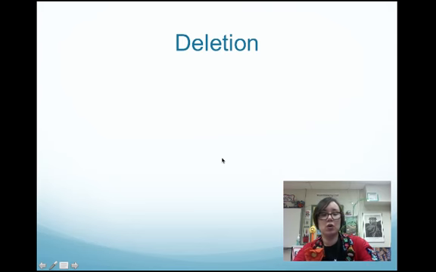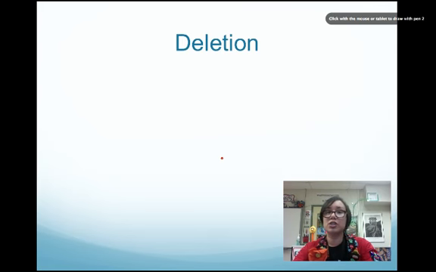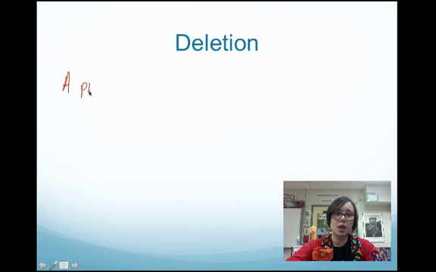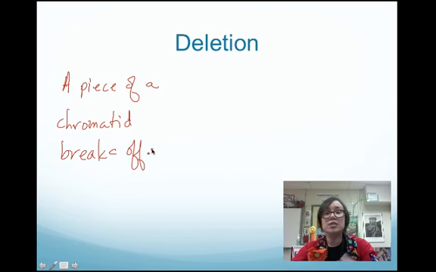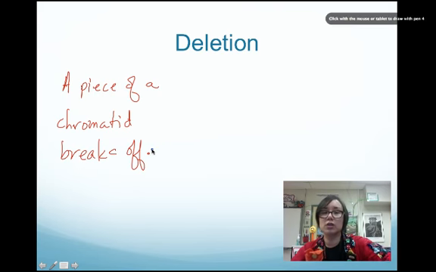Our next chromosomal mutation is called a deletion mutation, and its name pretty much tells you what it does. A piece of a chromatid breaks off, and that's it. It doesn't go anywhere else. It doesn't reattach itself. So what does that look like?